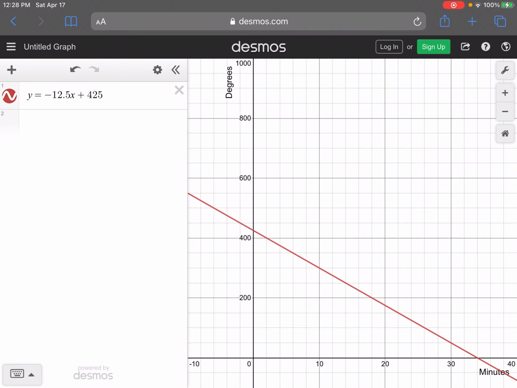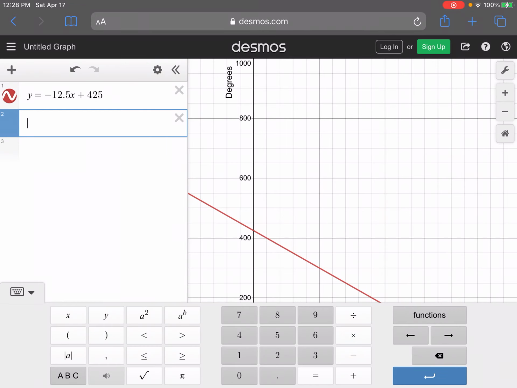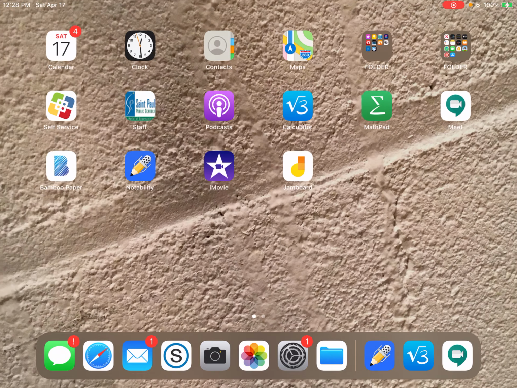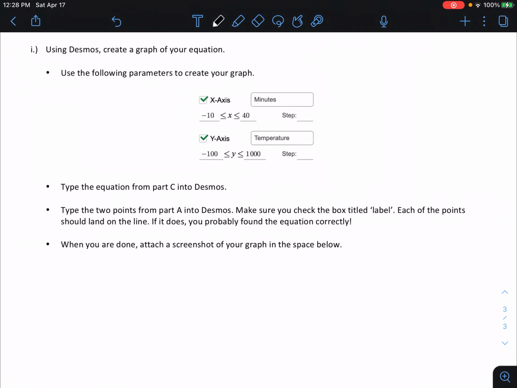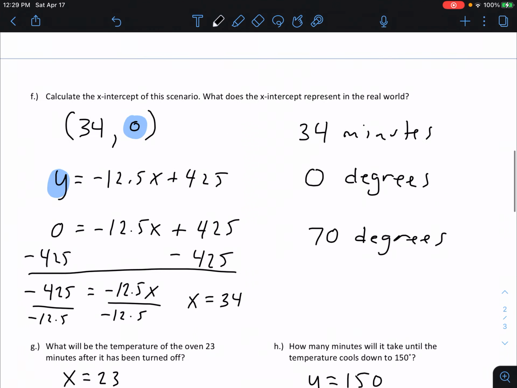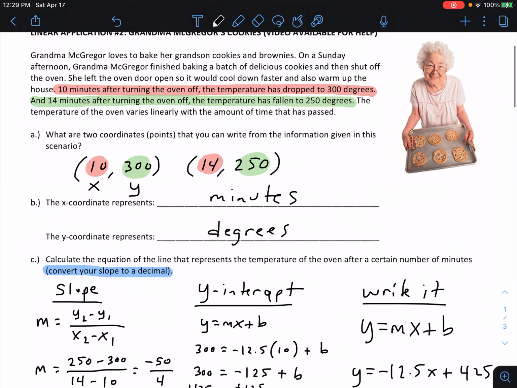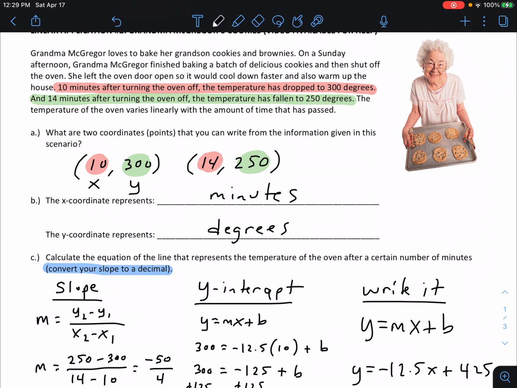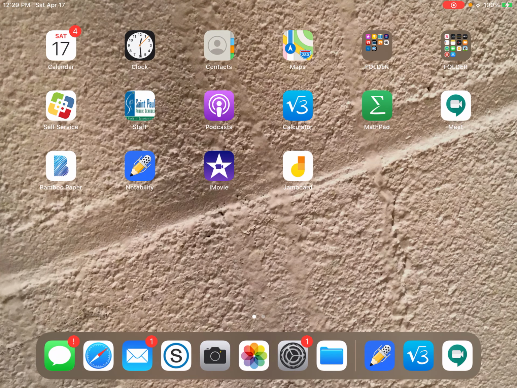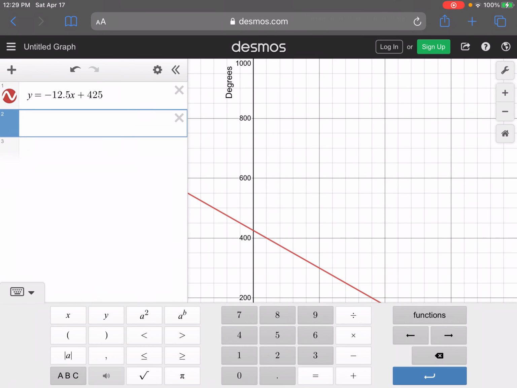Okay, and then we want to put those points in there, right? So in the second one, what were the points? Let's go back over to Notability. So my points were 10, 300, and 14, 250. All right, so let's go ahead and put those in here. So we have the point 10, comma, 300. Okay, and I'm going to click Label, see how it shows up on my graph there.